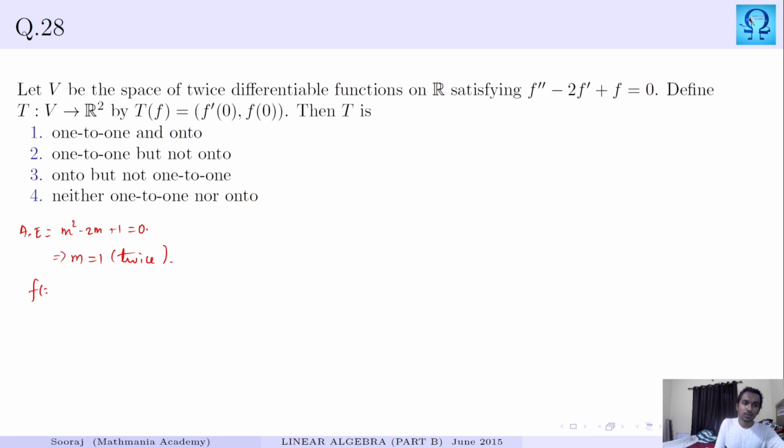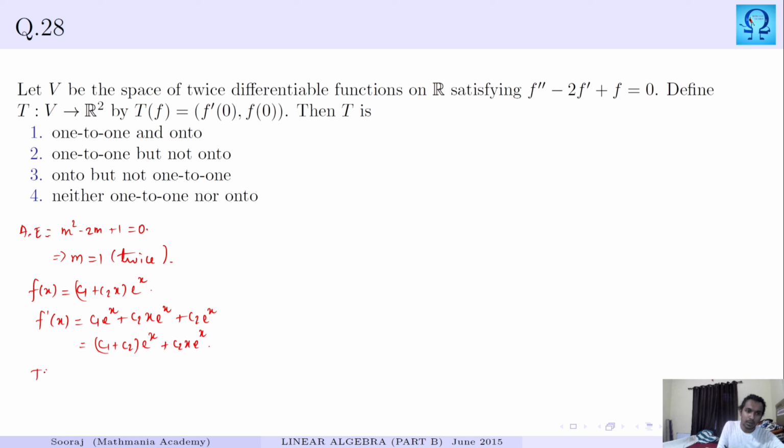Okay, so you can write your function as (c1 + c2 x) e^x, right? Let us differentiate this one. We'll have to make use of the product rule here, so f' is (c1 + c2) e^x + c2 x e^x.